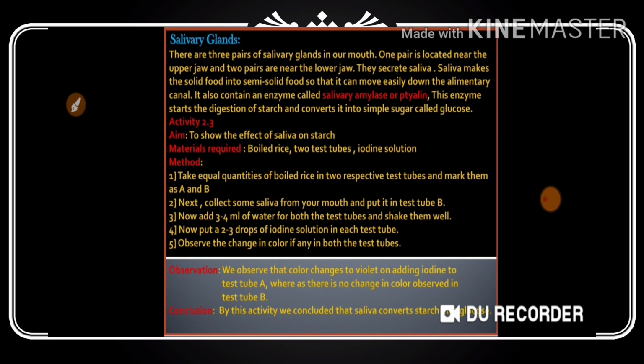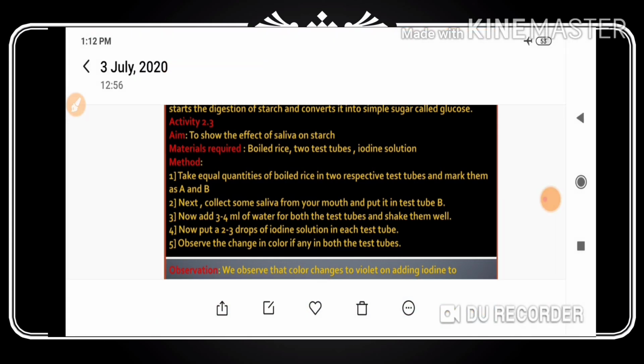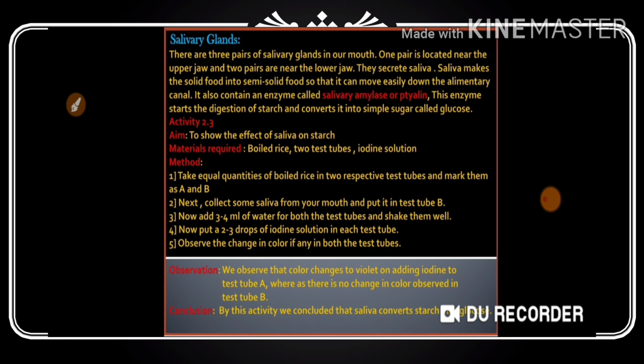No change in the color indicates the effect of saliva on starch in test tube B. That is how it is converting starch into glucose in test tube B, so there is no change in the color.